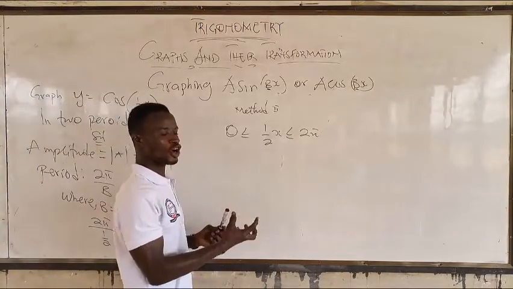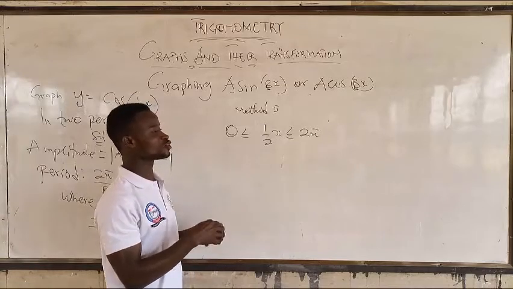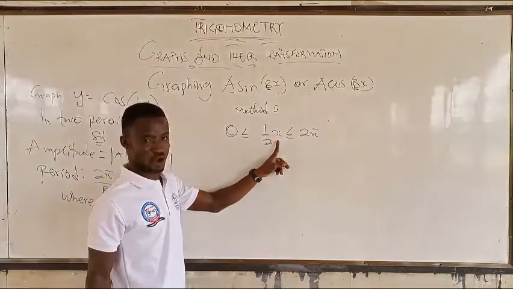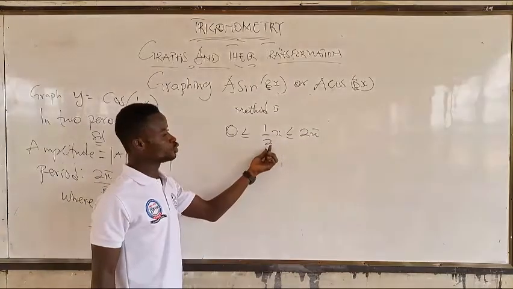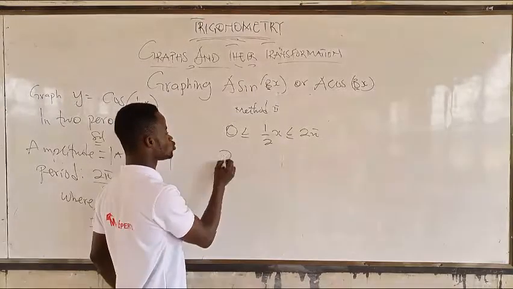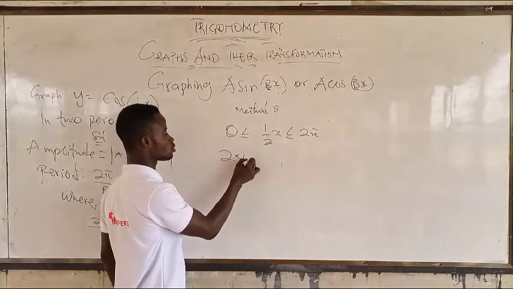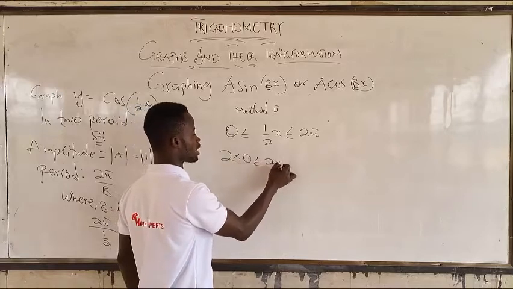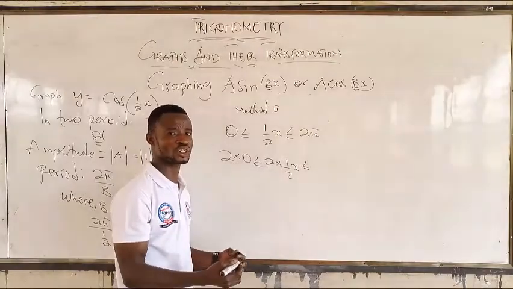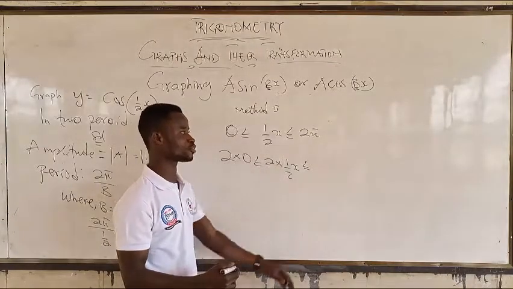So we are going to manipulate this in such a way that we get only s in the middle. So what will you do to undo this half? That is multiplying both sides by 2. So 2 times 0 less than or equal to 2 times half s less than or equal to 2 times 2 pi, because in an equation or inequality, what you do to one side, you do the same thing to the other side.